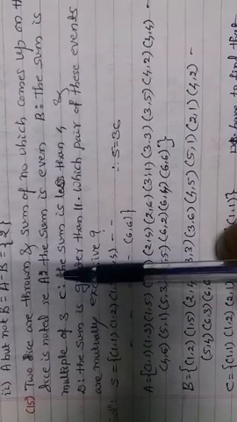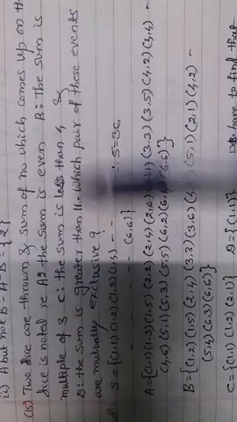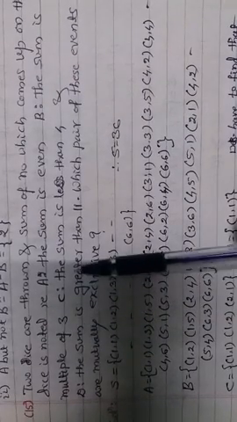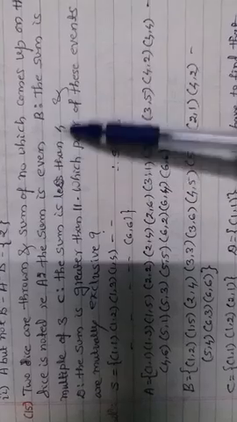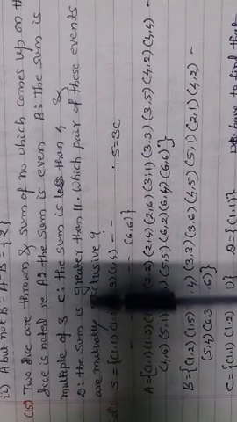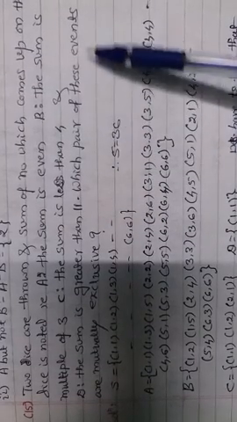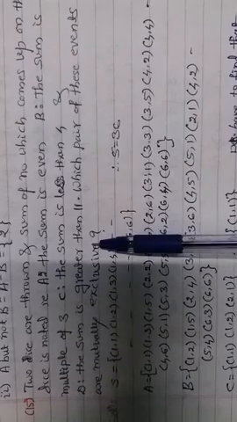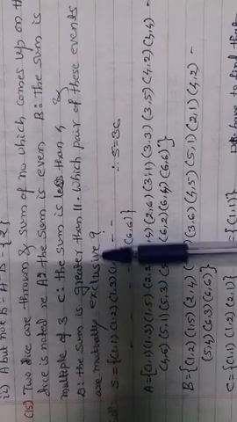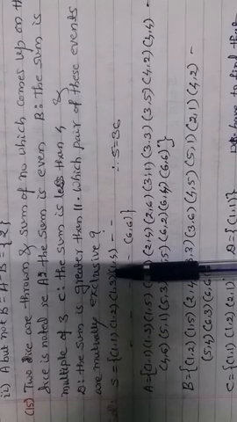A is the sum is even, B is the sum is a multiple of 3, C is the sum is less than 4, and D is the event that the sum is greater than 11. Which pair of these events are mutually exclusive? This is the 15th question, very important.